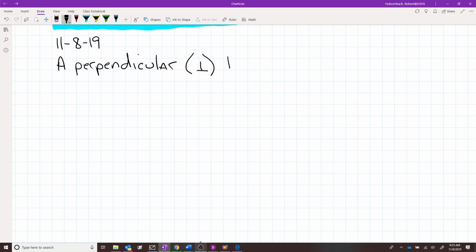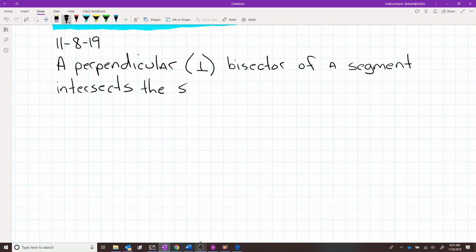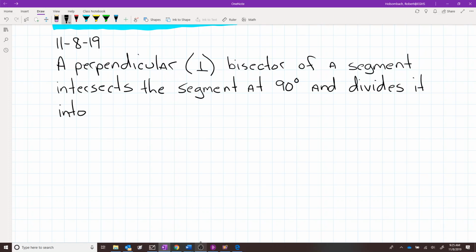A perpendicular bisector of a segment intersects the segment at 90 degrees and divides it into two equal parts.